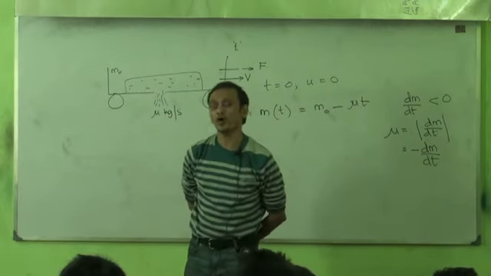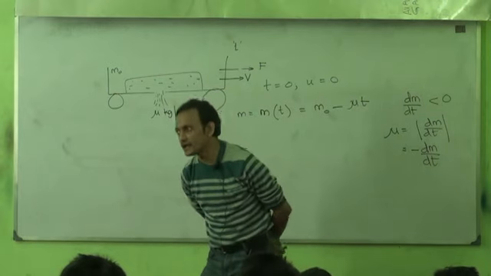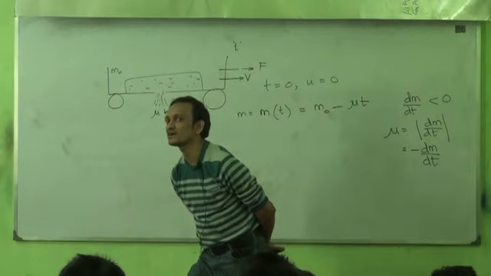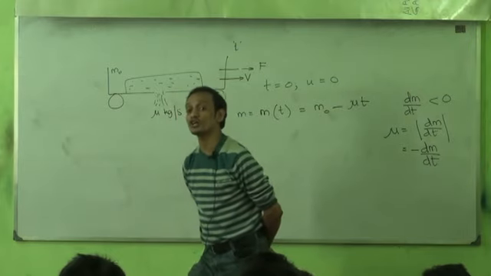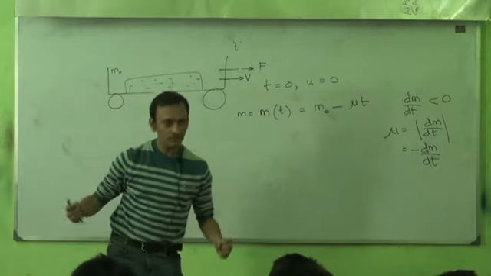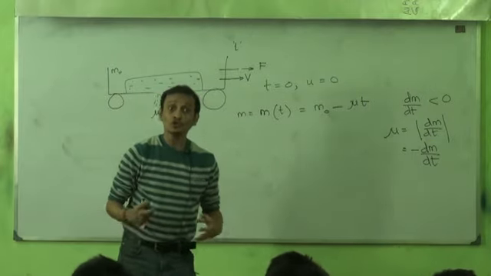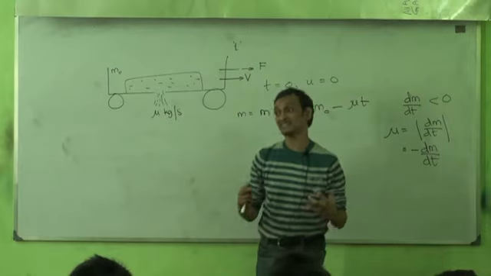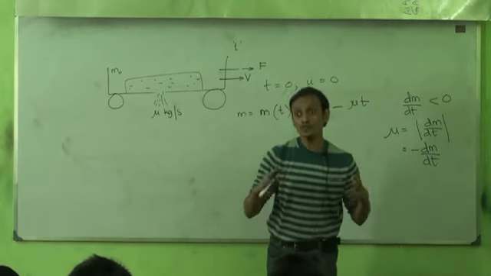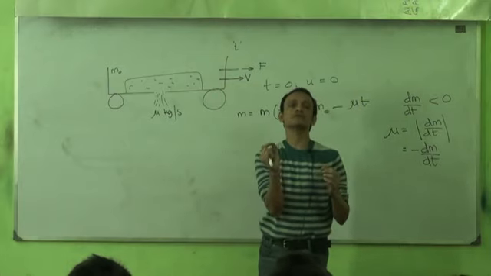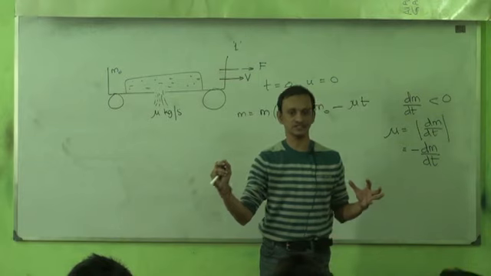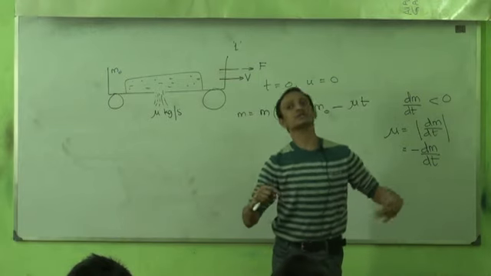If the relative velocity of the expelled mass is 0, what's the thrust that it exerts on the trolley? 0. Mu times relative velocity, 0. So no thrust acts on the trolley despite the release of sand through the orifice, because of inertia considerations.